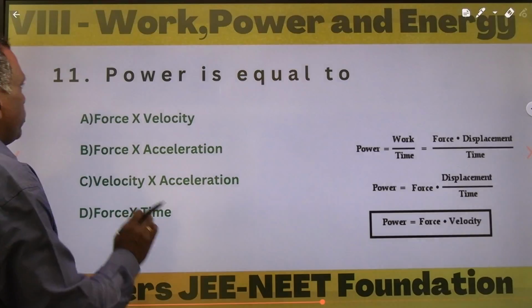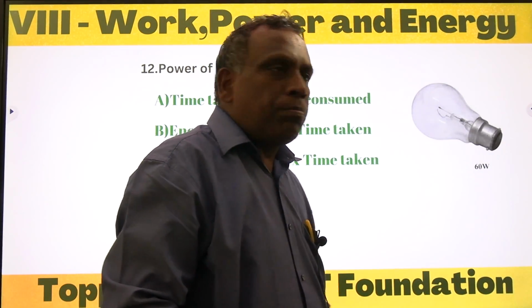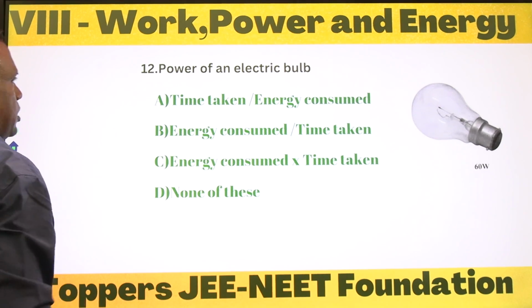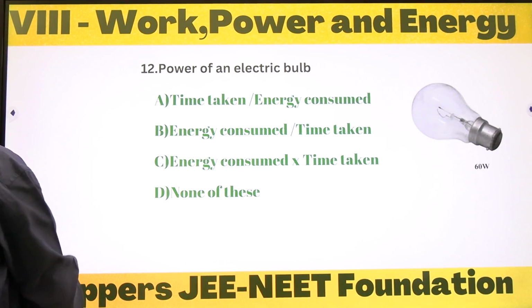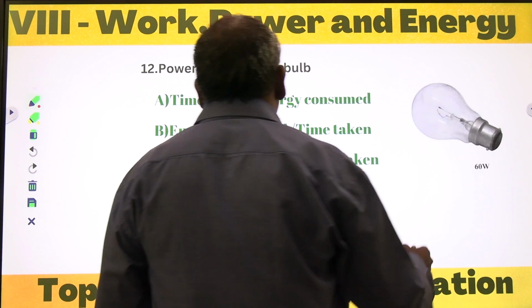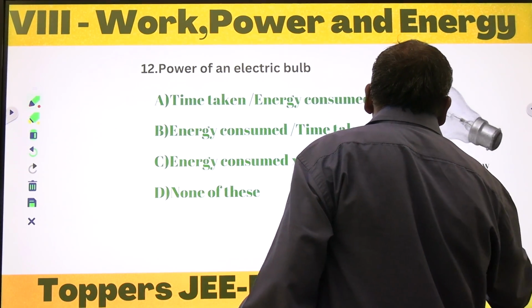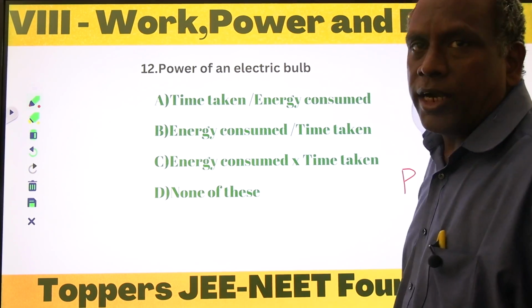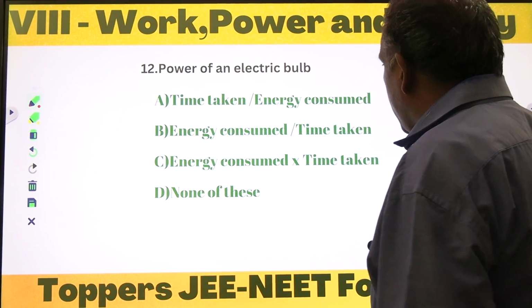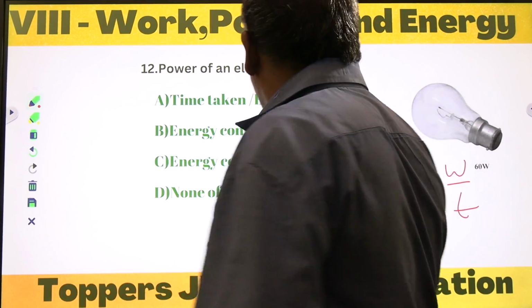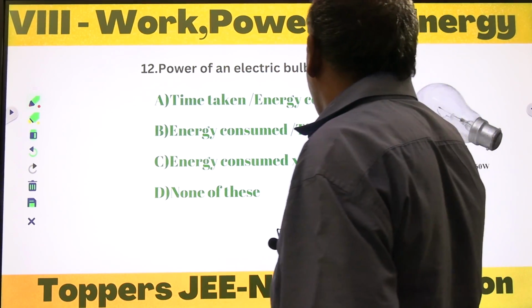So next question, the 12th one. The power of an electric bulb is, so here again the formula: power is equal to work by time. This work may be electrical work or mechanical work. Work is also converted into energy, the energy consumed upon time.